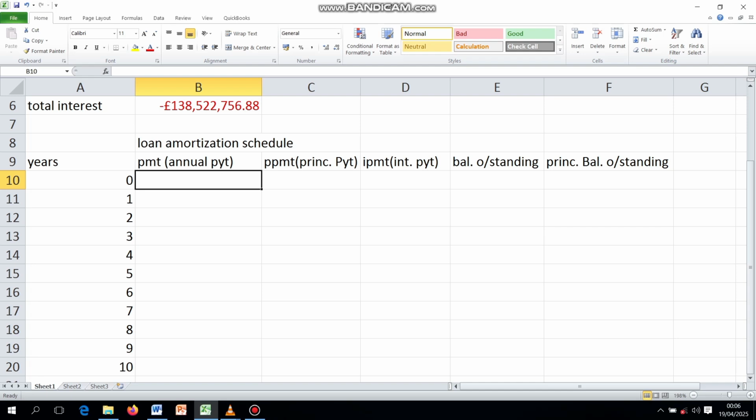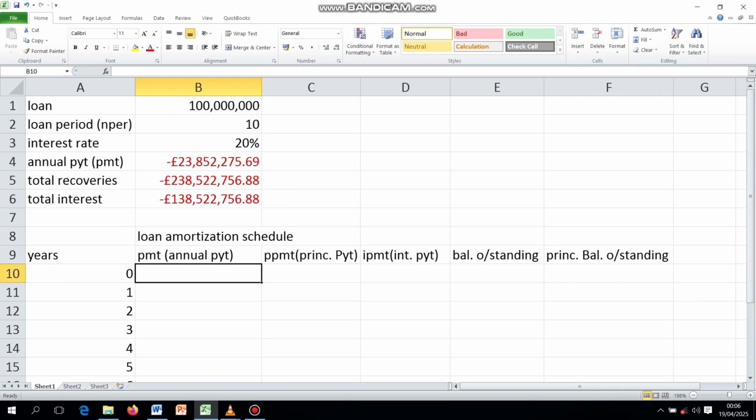I'm going to start by, since here the stuff was 0, we've not moved on our loan. Obviously the balance outstanding for the loan will be the total recoveries.